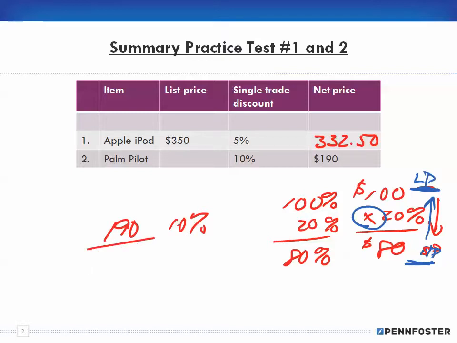And of course, I'm dividing not by the discount amount, I'm dividing by the complement to it, which would be 90%. So if I divide 190 by 90%, I end up with 211.11. And that's how we arrive at those two answers.